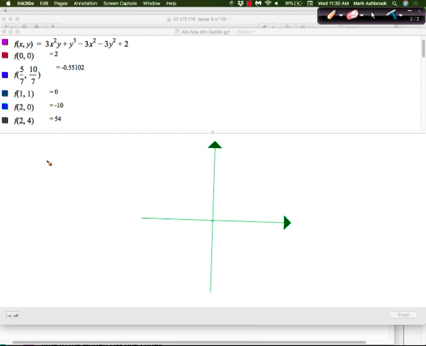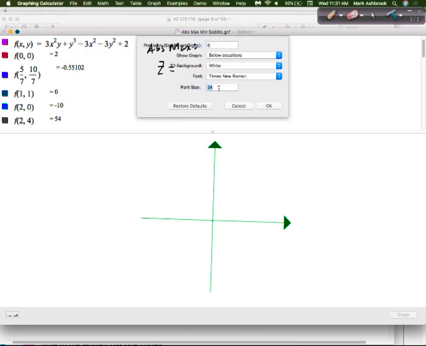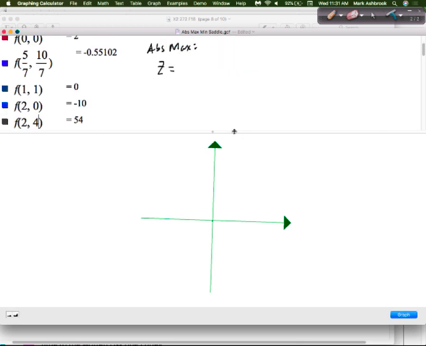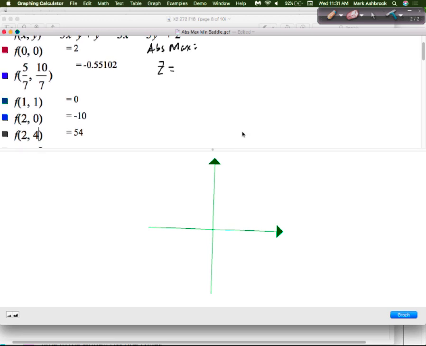The absolute max is not at (2, 4)... So the absolute max is z equals... what is it? Okay, the absolute max is 54.